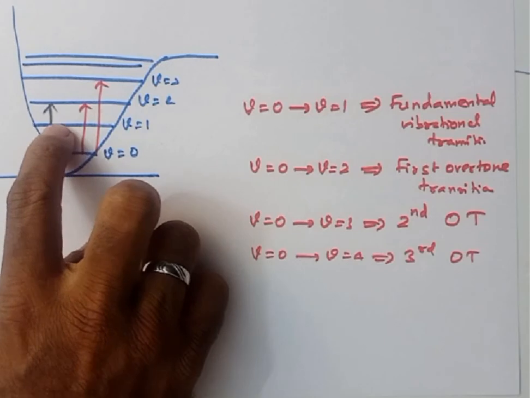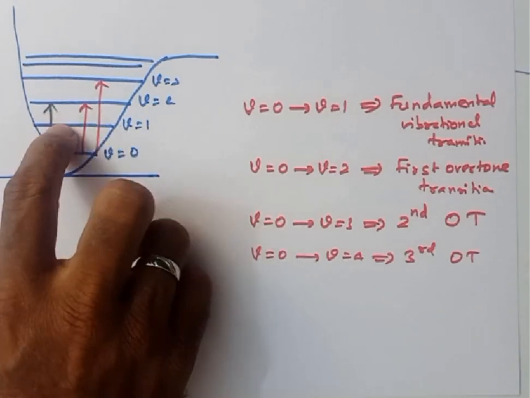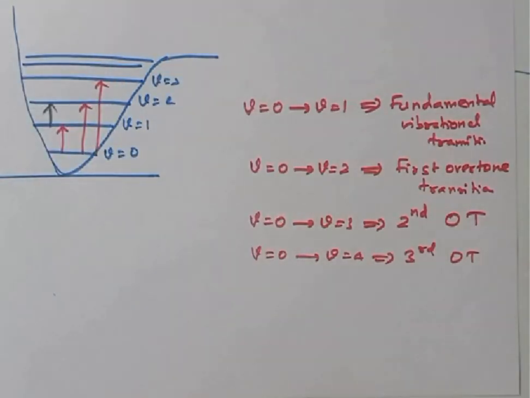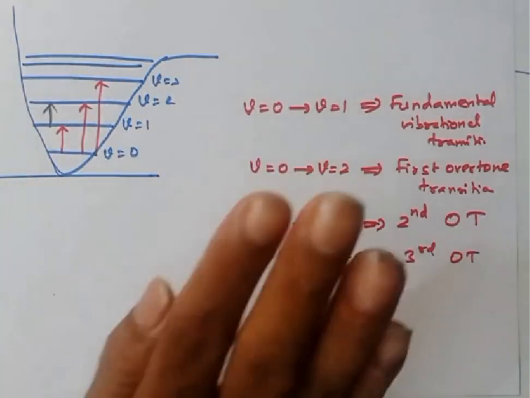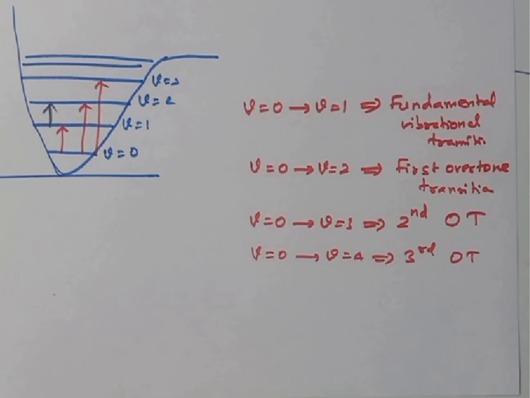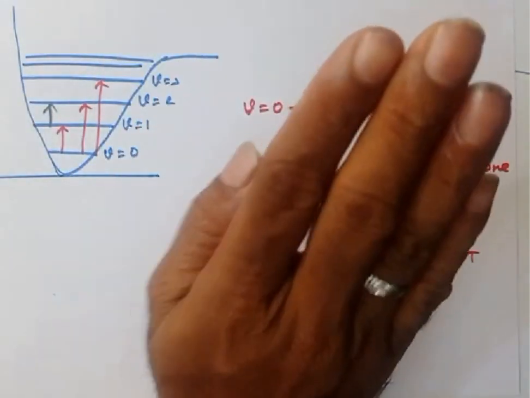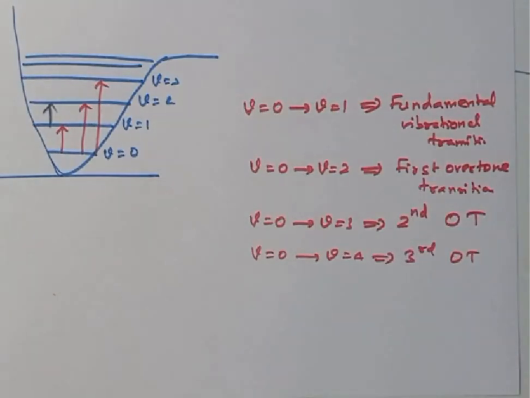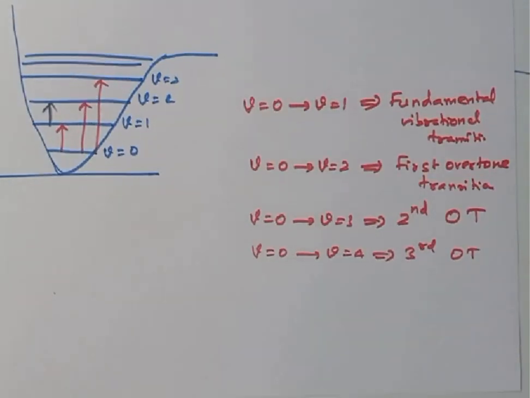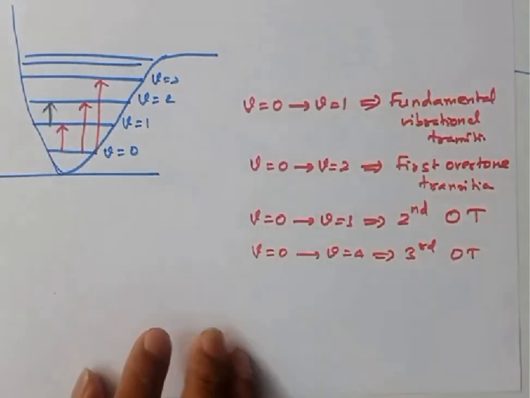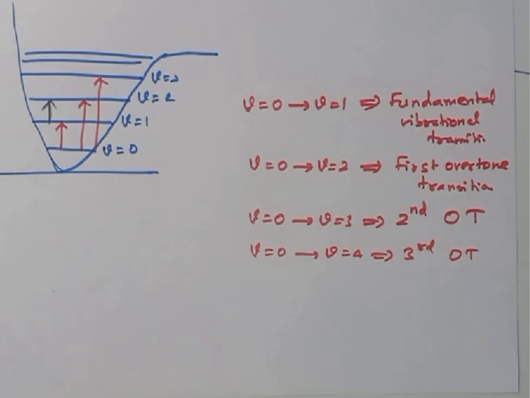But at room temperature, the population in the V equal to 1 level is very poor, usually less than 1%. Therefore, even if this transition takes place, it does not appear with good intensity. So, to make this transition appear in the spectrum, what do we have to do?